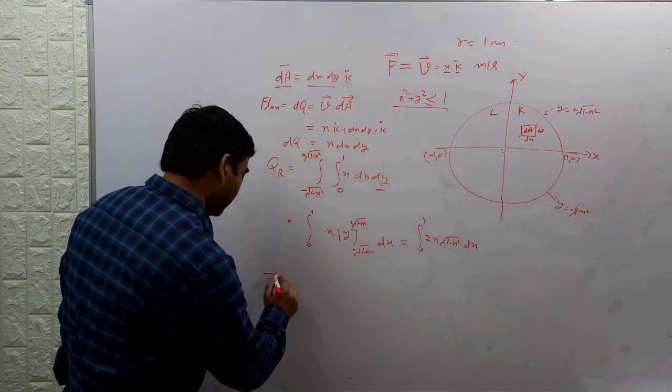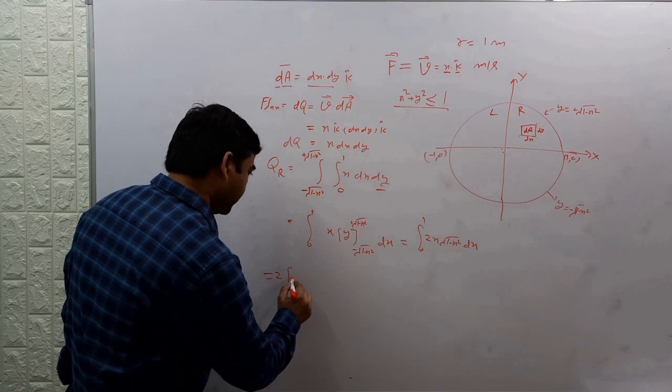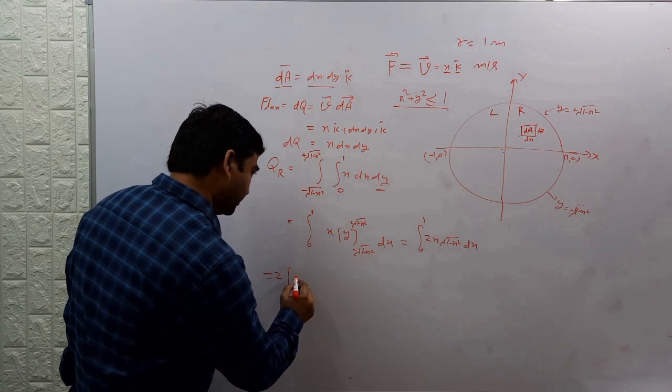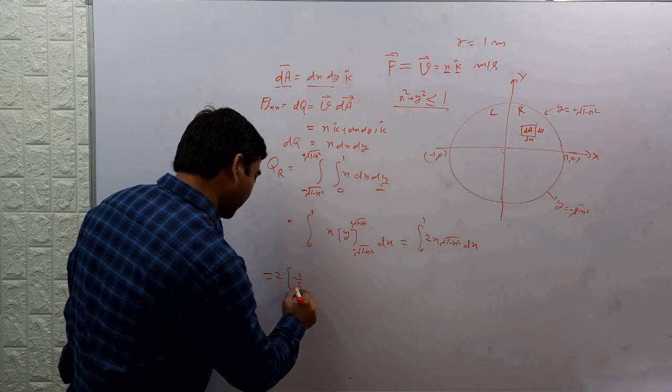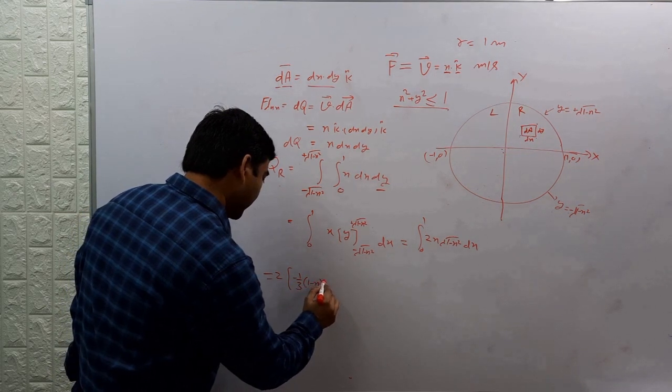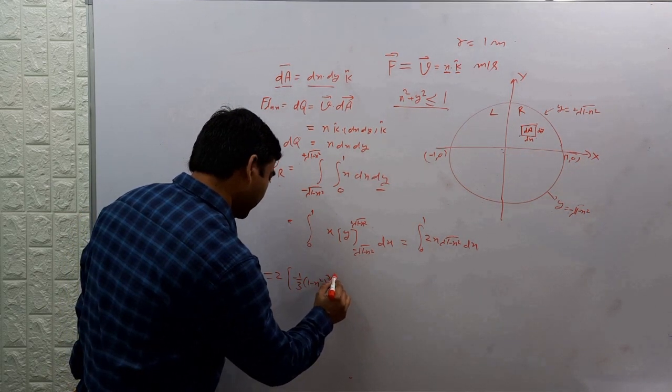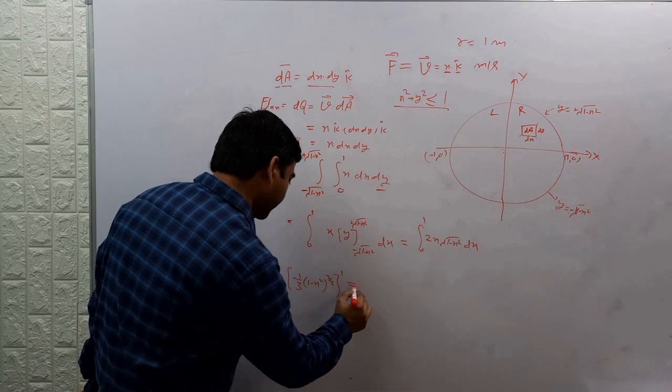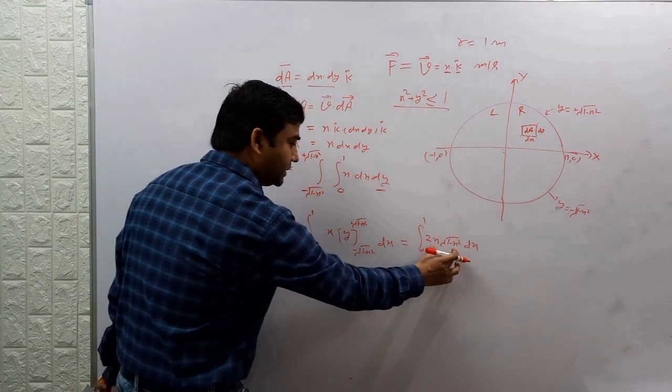So this can be written as 2 times minus 1/3 (1 − x²)^(3/2) from 0 to 1, that is the integration of this.